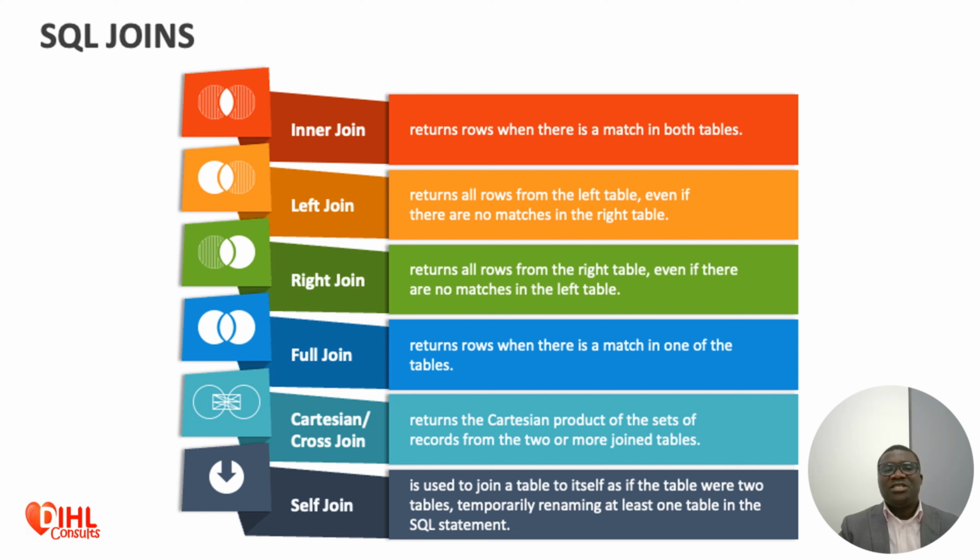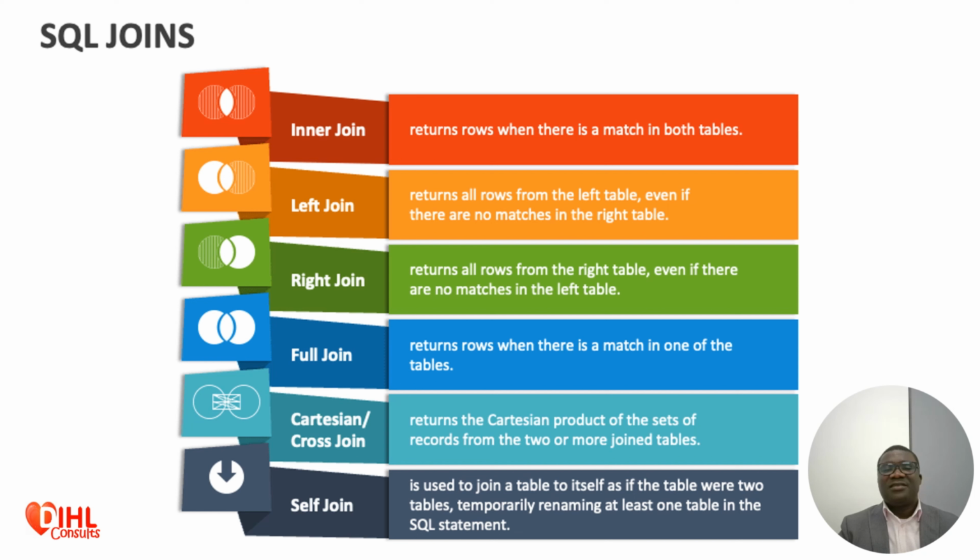The right join returns all rows from the right table, even if there are no matches in the left table. Full join returns rows when there is a match in one of the tables. Cartesian join, which is also cross join, returns the Cartesian product of the set of records from the two or more joined tables.